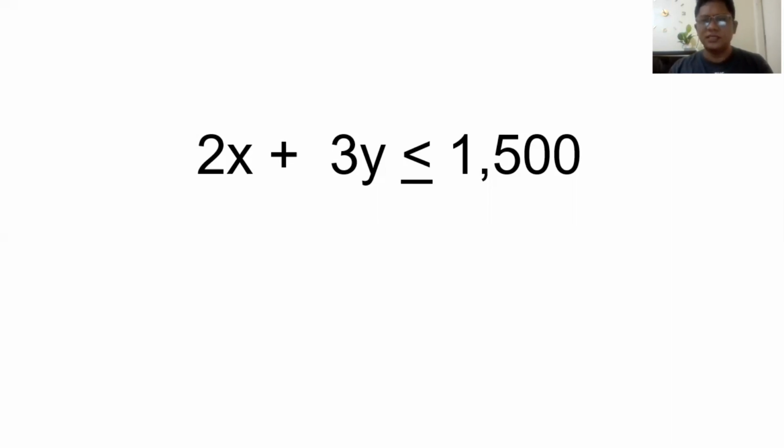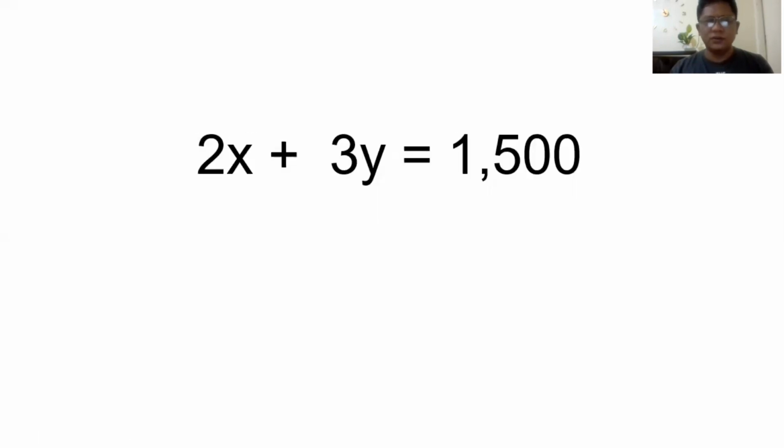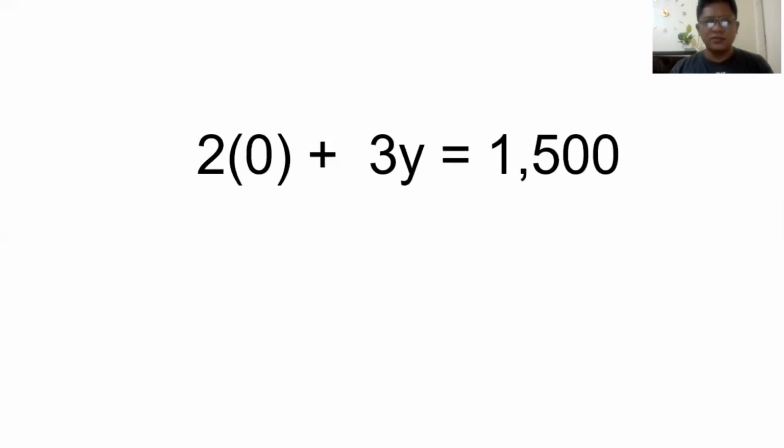The first thing is to simply convert this into an equation, so we change the less than or equal to into an equal sign. Next, we solve the equation assuming that x is 0. When x is 0, 2x plus 3y equals 1,500 becomes 2 times 0 plus 3y equals 1,500.